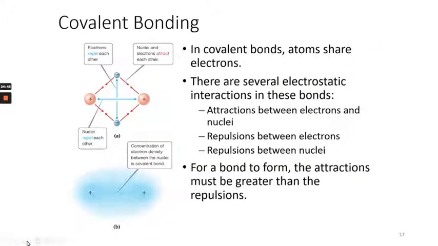So we've been spending all this time talking about ionic bonding. Let's introduce covalent bonding a little bit. In covalent bonding, atoms are sharing their electrons. There are several types of electrostatic interactions in these bonds also. You have the attraction between the electron and the nuclei within the atom. You have the repulsions between the electrons between two atoms.